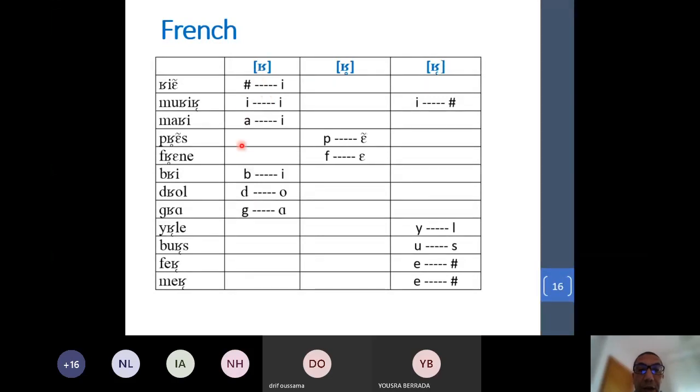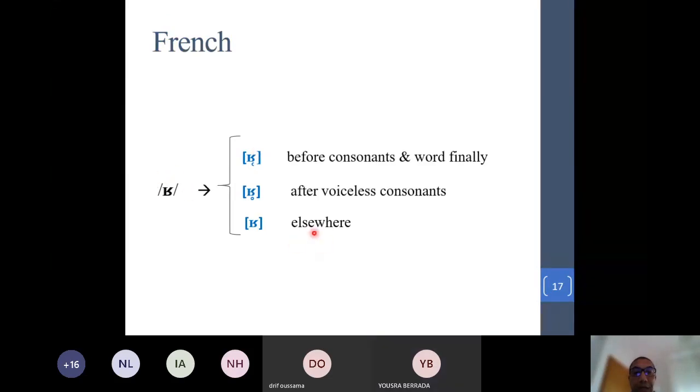You can see the presence of voiced consonants, vowels, and the initial position. So we can say that this is the elsewhere or the default variant.